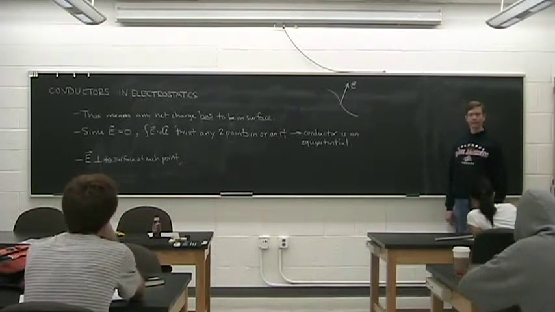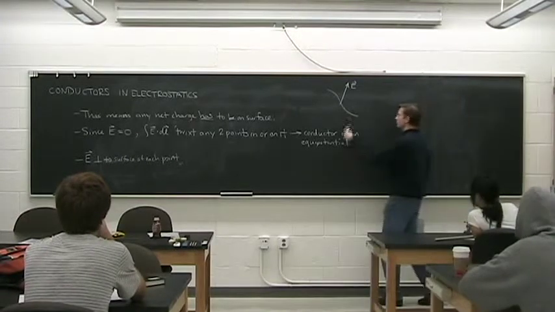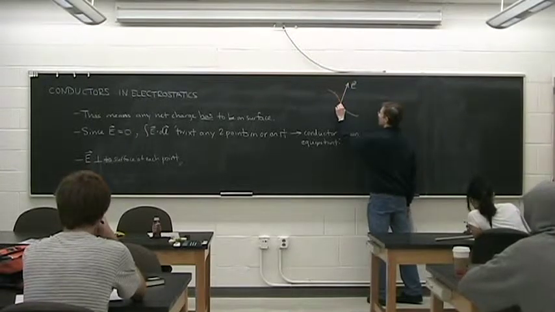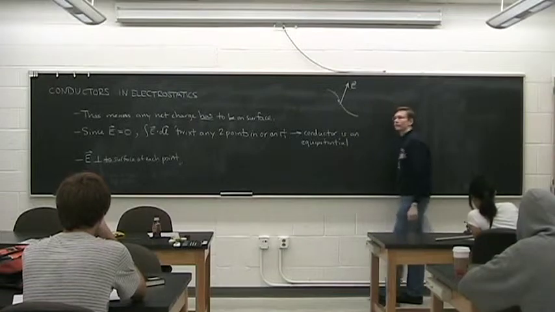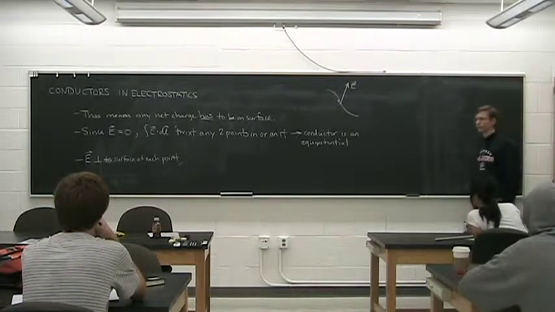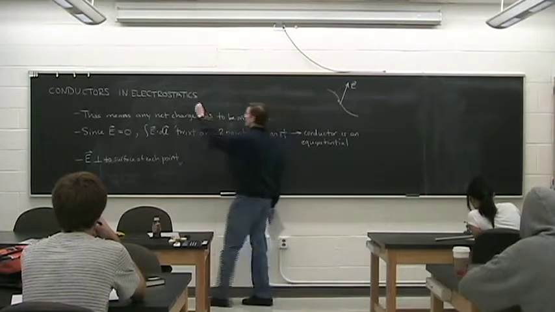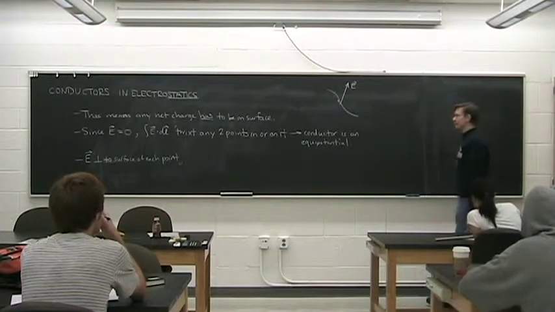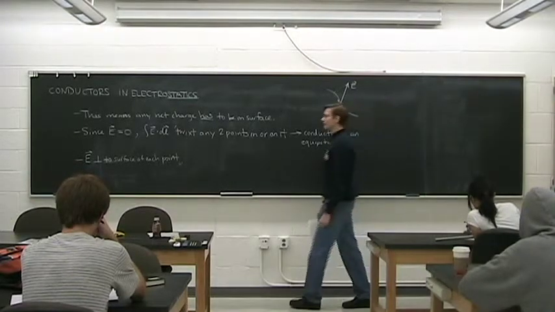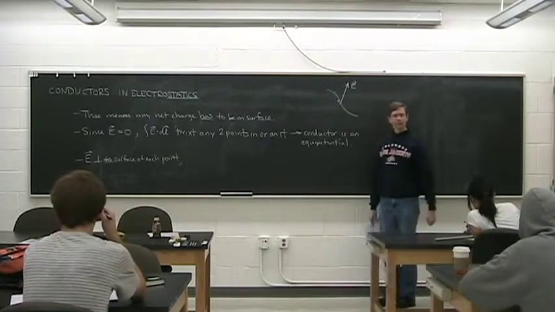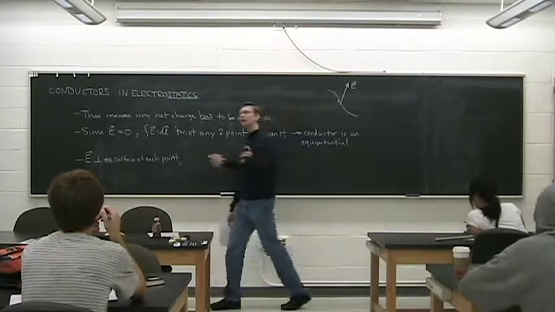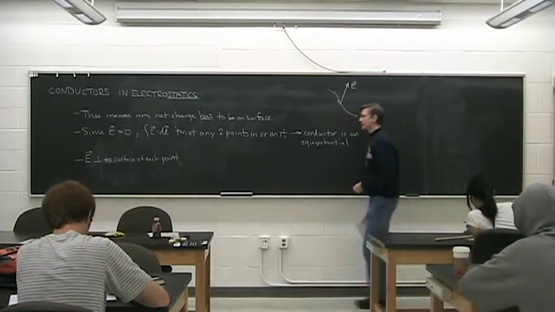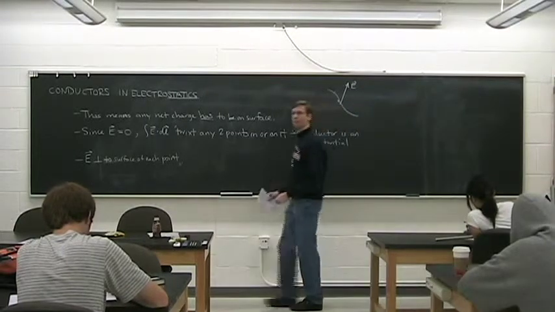You can't move out of the conductor, but if there's a component of the electric field along the surface, the charge would flow in response to that component. But this is supposed to be electrostatics, which means charges aren't allowed to move around, so you can't have that situation. It has to be that the electric field is perpendicular to the surface, so there's no component along the surface to make charges move. So if it's electrostatic, the electric field is perpendicular to the surface at every point.